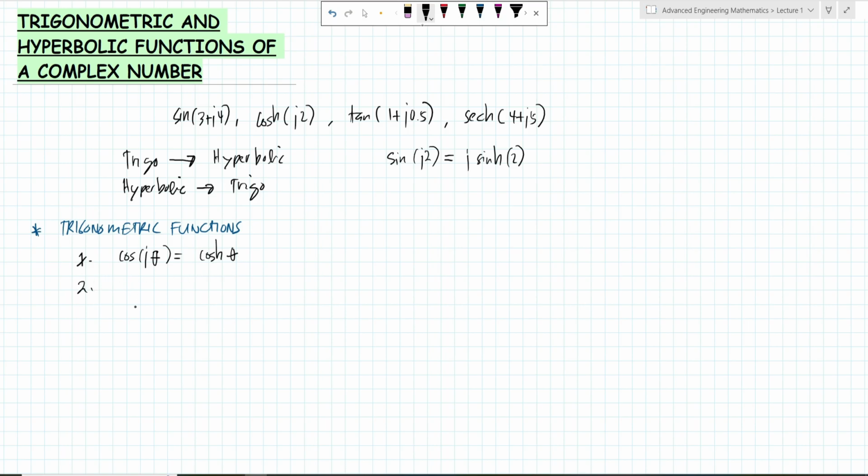Number 2: the sine of j theta is equal to j sine hyperbolic of theta.